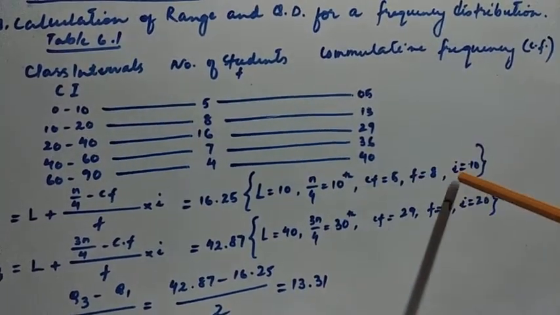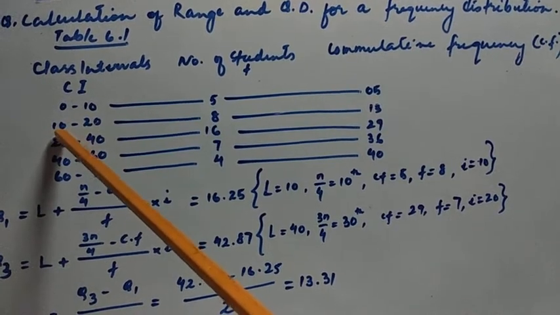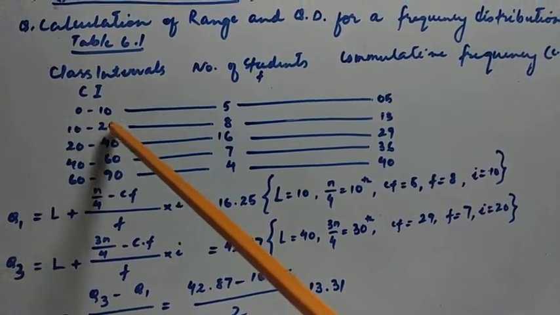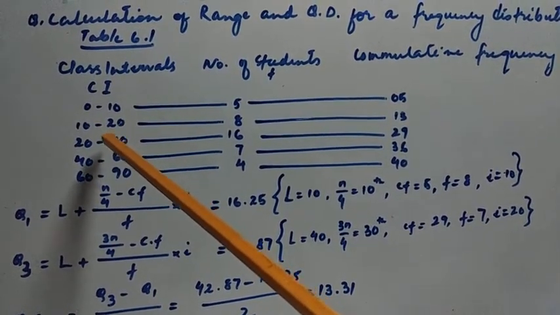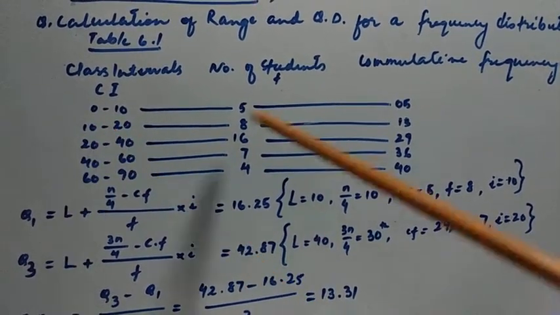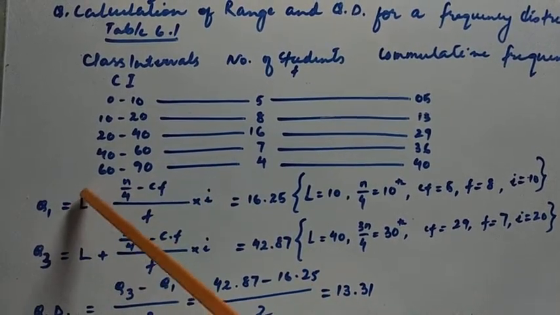And lastly, what is I? I is the class interval, the difference between the lower limit and the upper limit of the quartile class. That is 20 minus 10, which is 10. So I is 10. That is how we find out the value of all the terms in the formula.